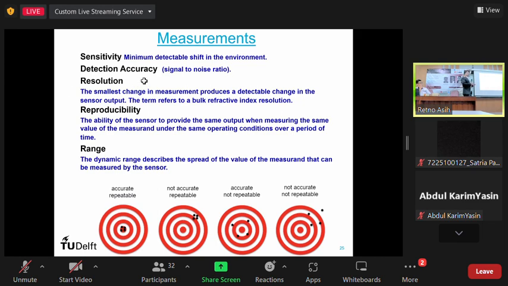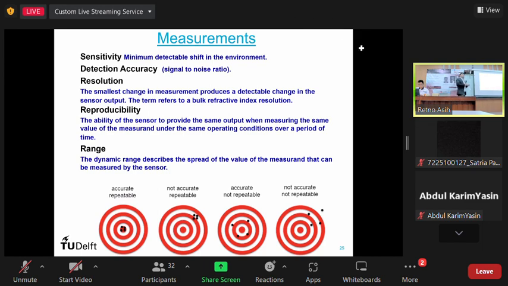Your damage size or your parameter might be small, and you are not able to detect it with the sensor you have. So you may choose the wrong sensor, wrong monitoring solution, and then you don't get the sensitivity that you need. So you have to check for the minimum sensitivity. You have to check the detection accuracy.